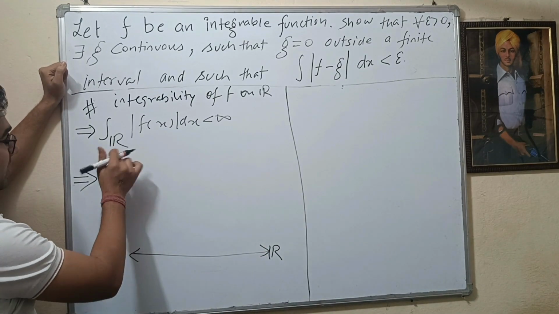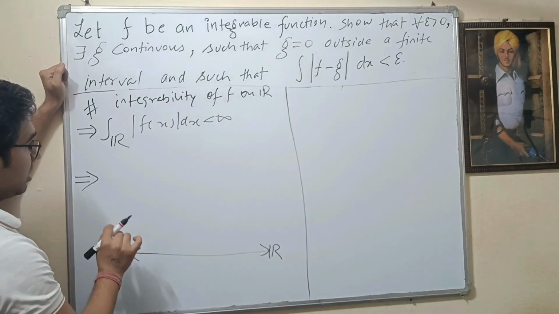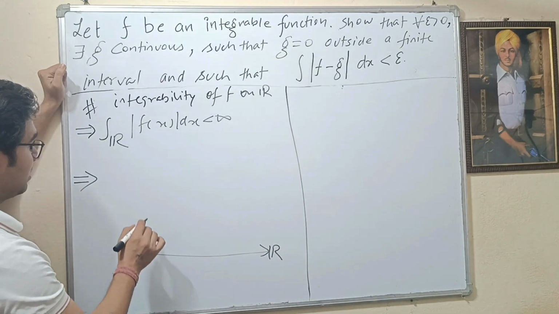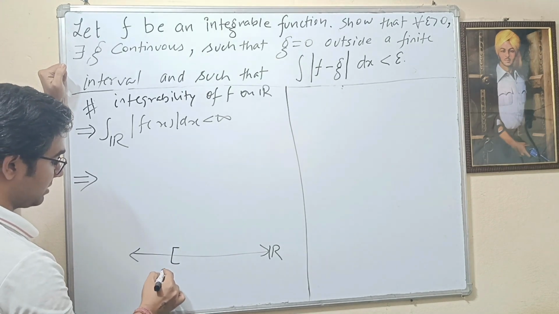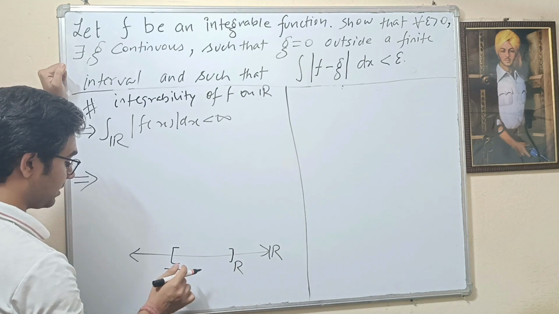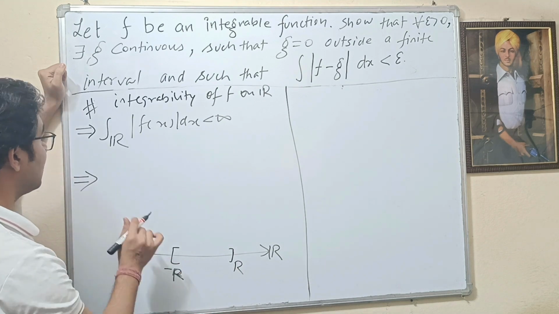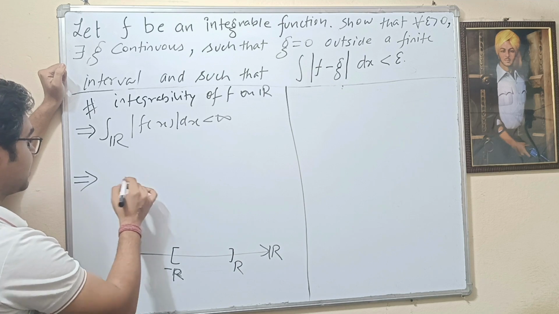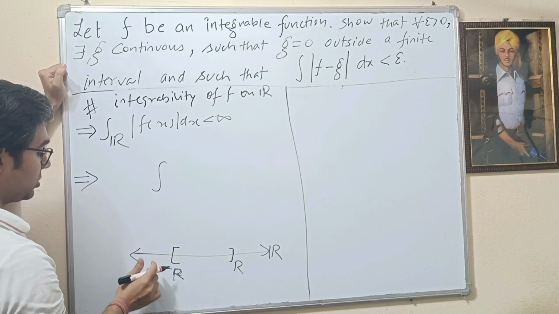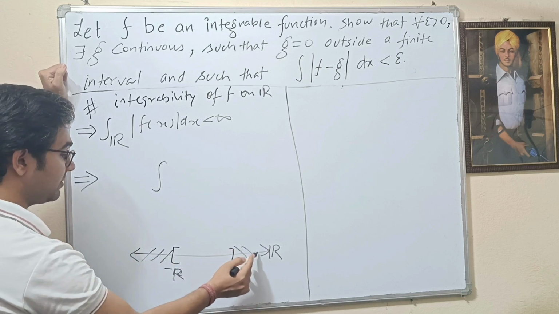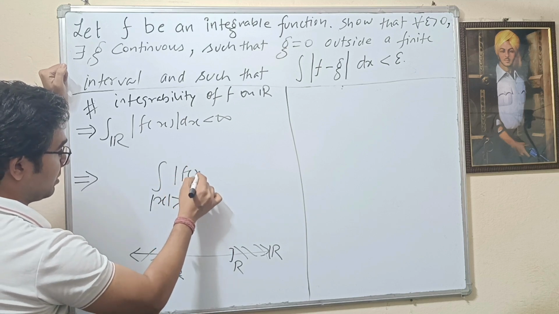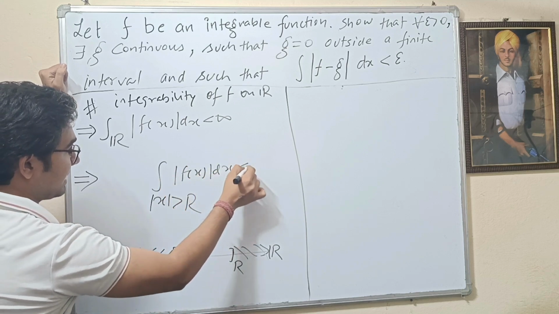It means that for any epsilon greater than 0, you can choose a finite and large interval, say minus R to R, in such a way that the contribution of the region outside this interval is less than epsilon by 2.